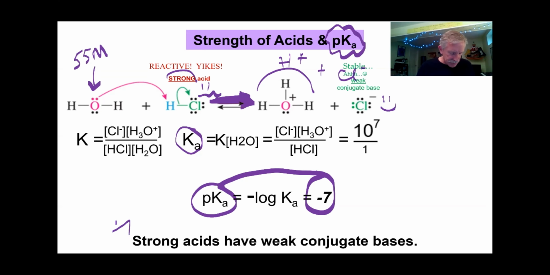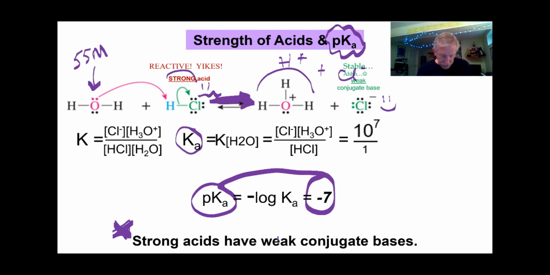This is a very big key to our process because we may focus on acids a lot in this process, but it'll always be telling us something about their conjugate base as well. That a strong acid has a weak, unreactive conjugate base.